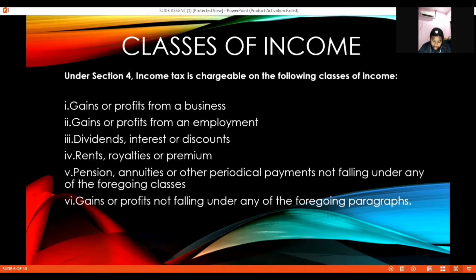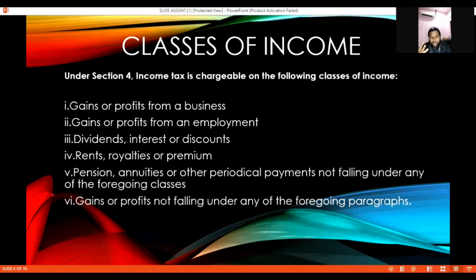So, classes of income. Under section 4, income tax is chargeable on the following classes of income. First, gain or profit from a business. Second, gain or profit from employment. Third, dividends, interest or discount.